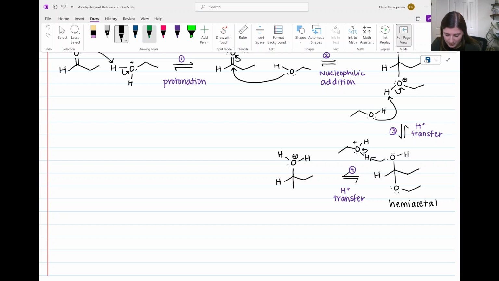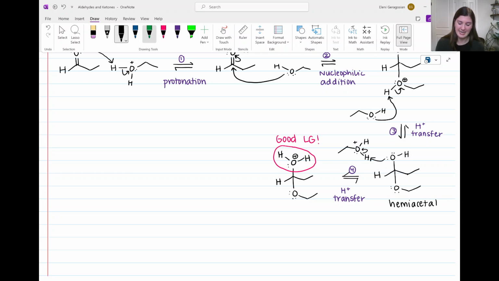This is the carbon where all the magic is happening, all the science is happening, at that carbon that was the carbonyl carbon. We have formed this H2O substituent, and this is a good leaving group. When we have a good leaving group, it's probably going to leave the molecule.